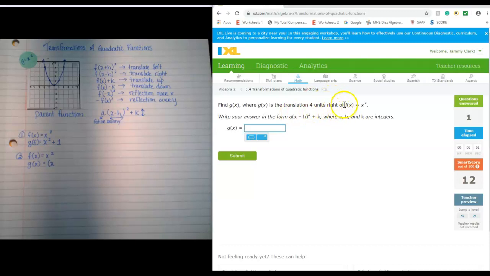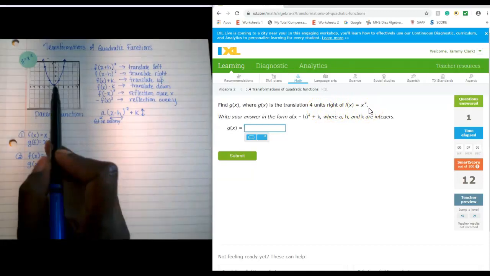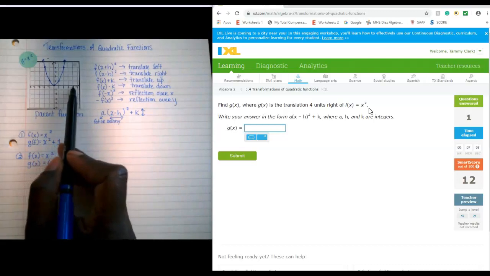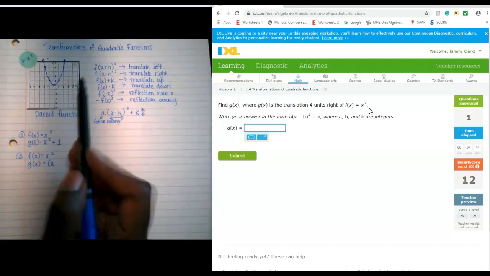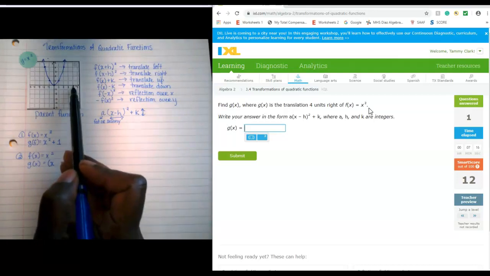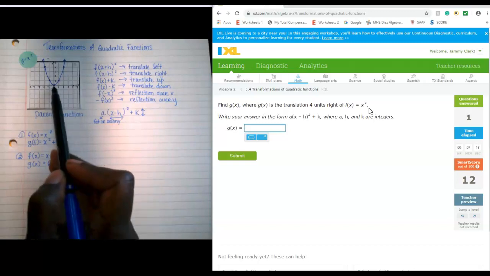So when you see right, what I need you to do is think opposite. If I say, oh, it's over here on the right hand side, like say if I just move this 4 to the right, what I'm writing inside the parentheses is what does this function have to do to make it back to 0?